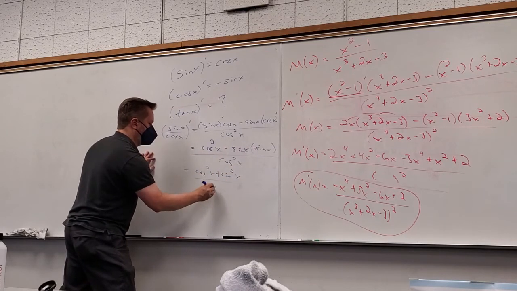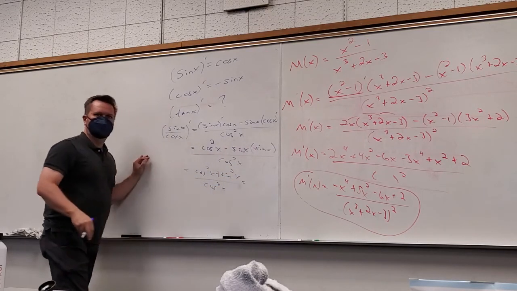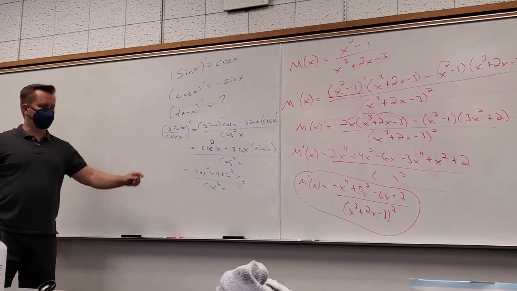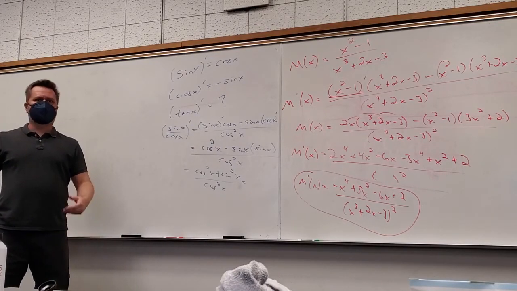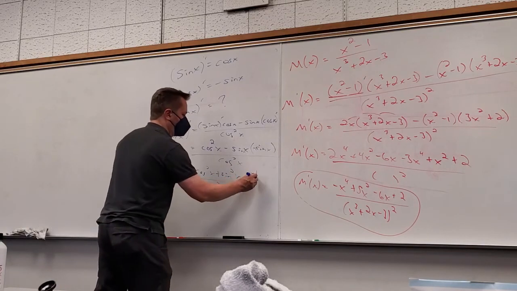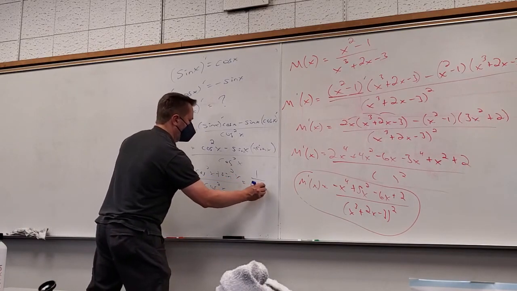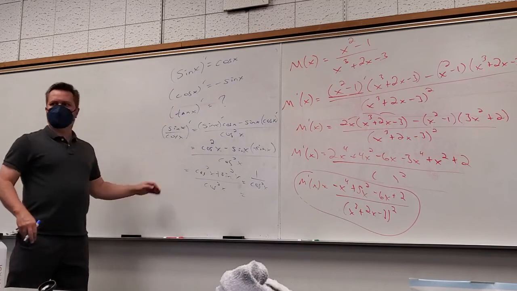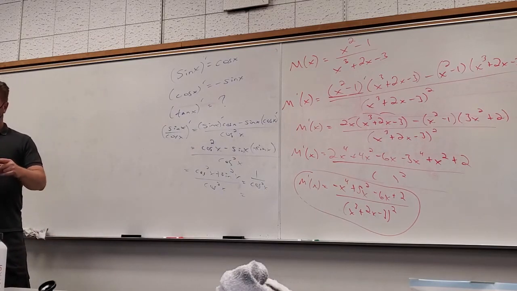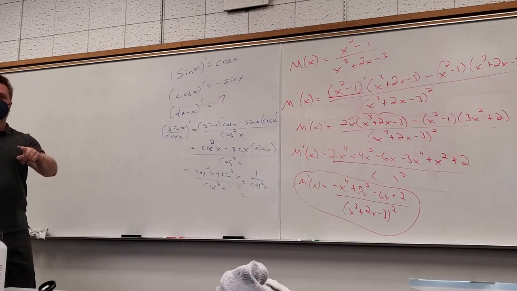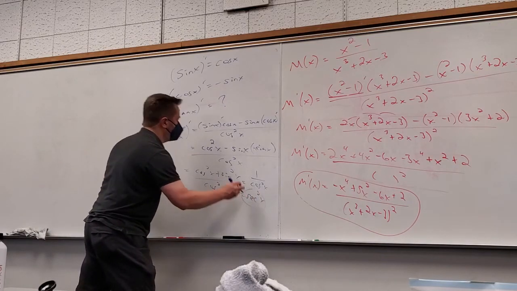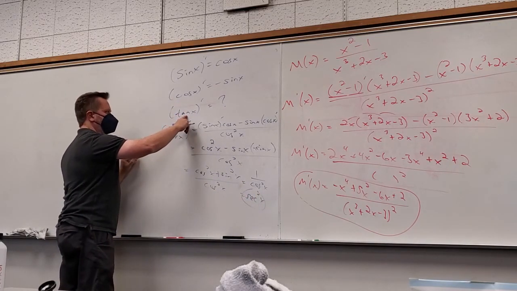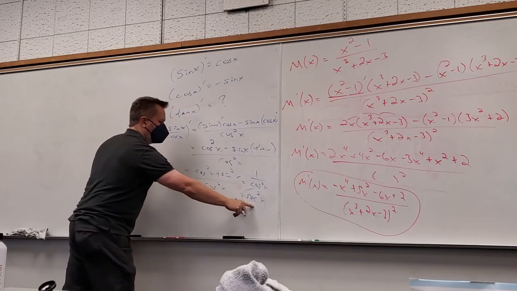If you don't know what that is, I don't know what to do for you. What is cosine squared plus sine squared? 1. Yes? Pythagorean theorem, the most fundamental identity. And what is 1 over cosine? Secant. So what's 1 over cosine squared? Secant squared. So the derivative of tangent is secant squared.